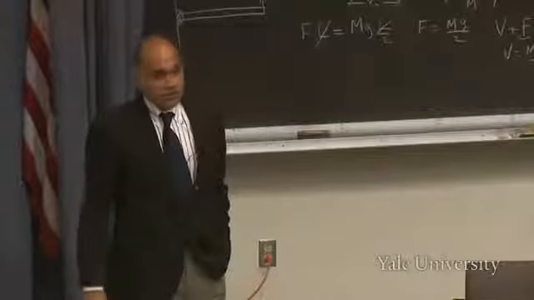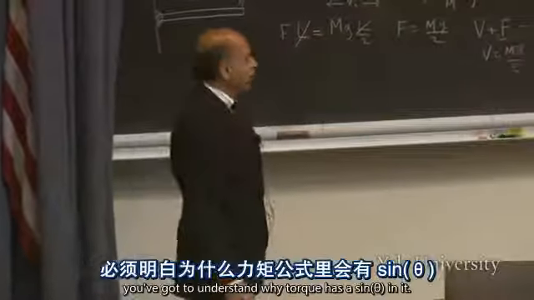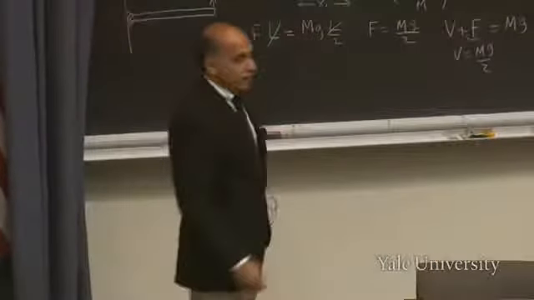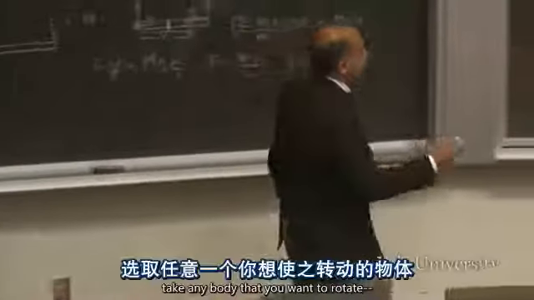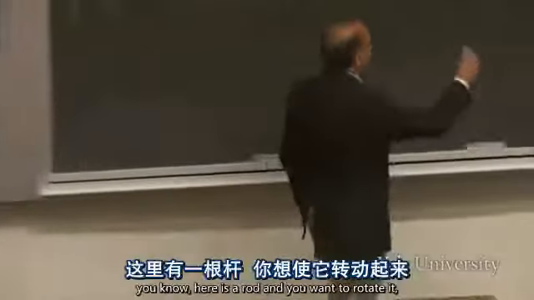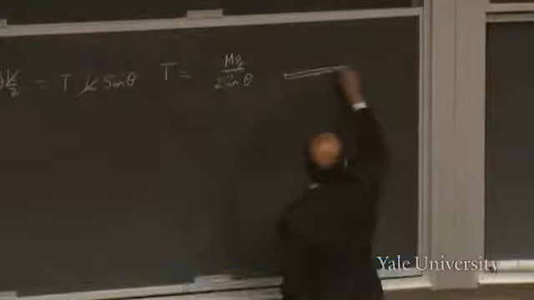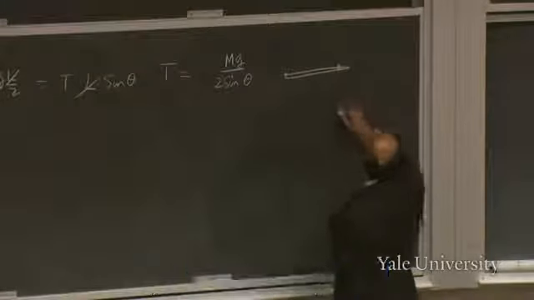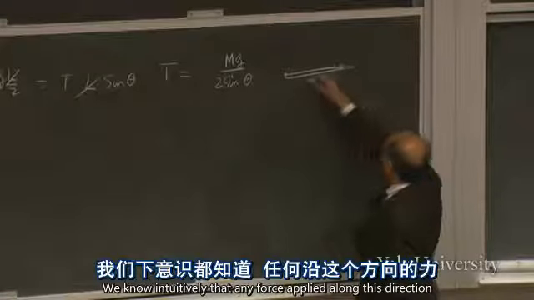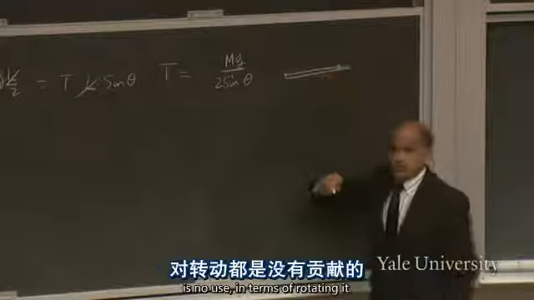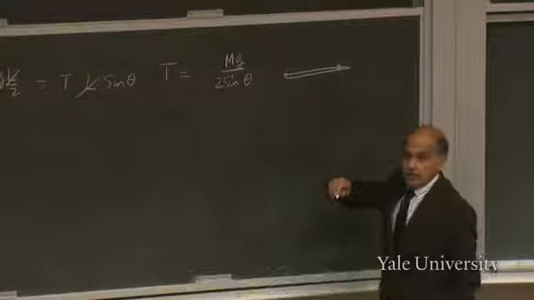So you have to understand why torque has a sine theta in it. If you want to rotate a body, take any body that you want to rotate. Here is a rod and you want to rotate it, you pick a point, you want to apply a force. We know intuitively that any force applied along this direction is no use in terms of rotating it.